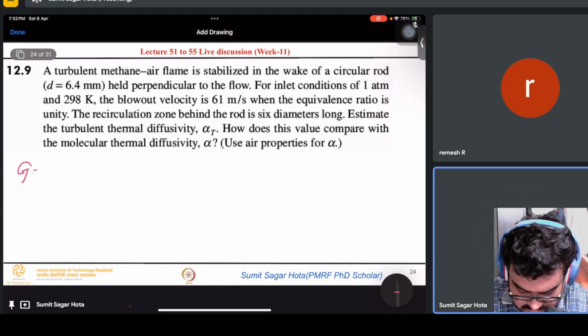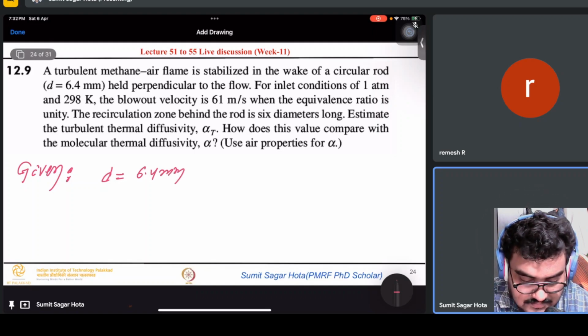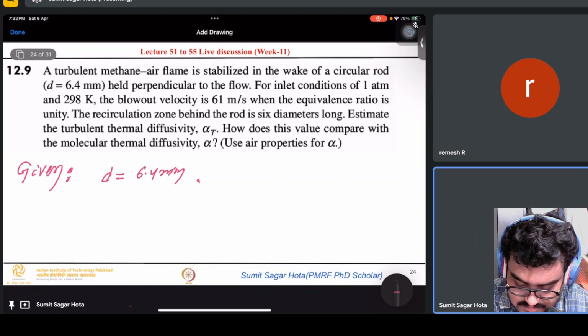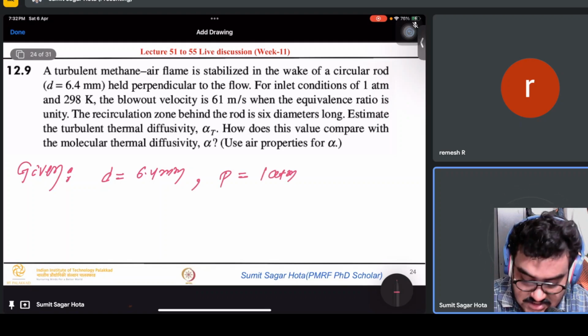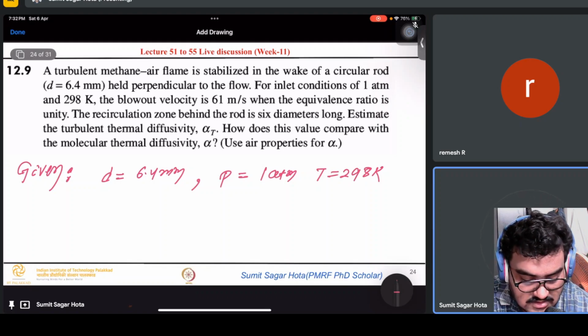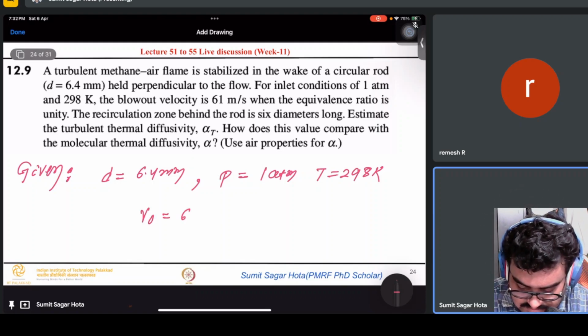So given 6.4 mm, that condition, pressure is equal to 1 atmospheric, temperature 298 Kelvin. Blowout velocity also given, let it be V naught is equal to 61 meter per second.